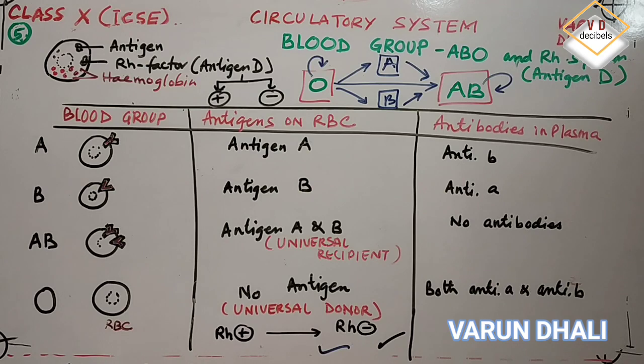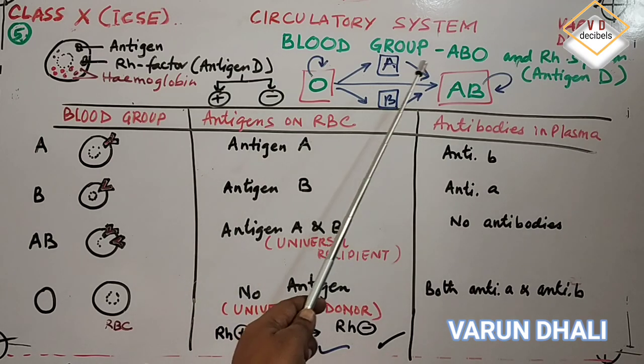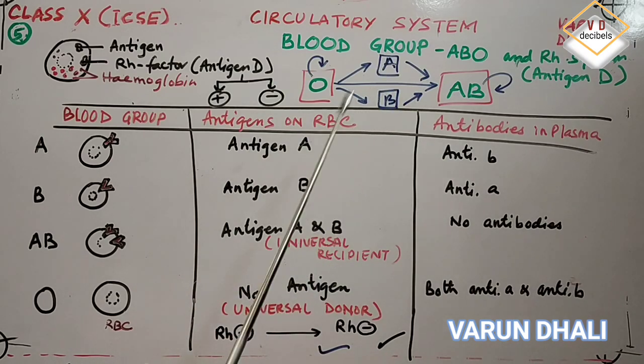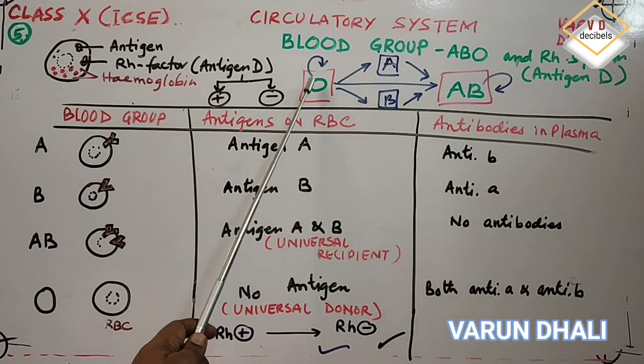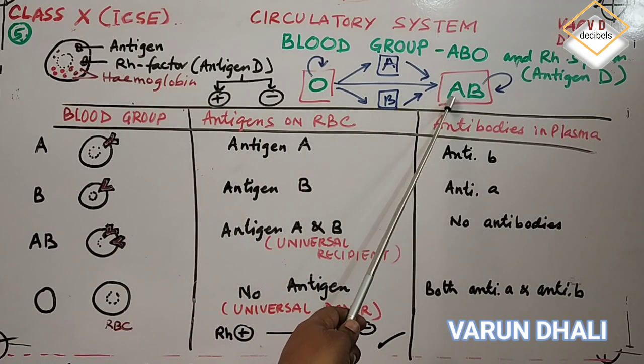Next part. If you talk about some important things about blood groups, first thing to keep in mind, class, persons with blood group AB are known as universal recipients. There is a reason: they can receive blood from all the blood groups, that is blood group A, blood group B, blood group O, and from itself.